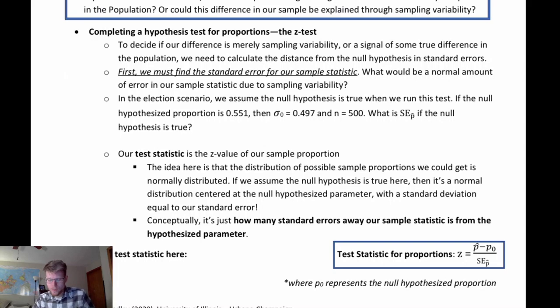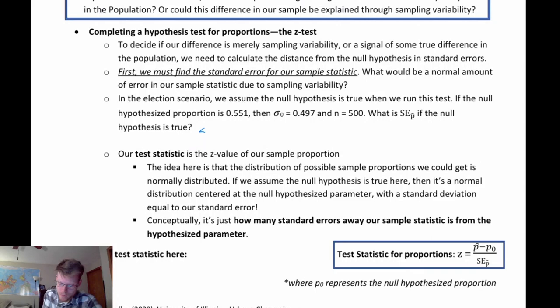So what we're going to do is take our p-hat, and we want to calculate the standard error of p-hat. In other words, we want to know, based on this information, if support really is 55.1%, how much error should we expect in our sample statistic, our p-hat value, if we sampled 500 people here.